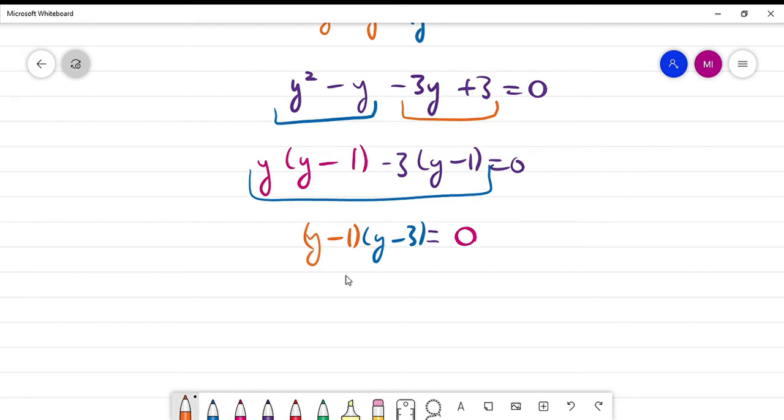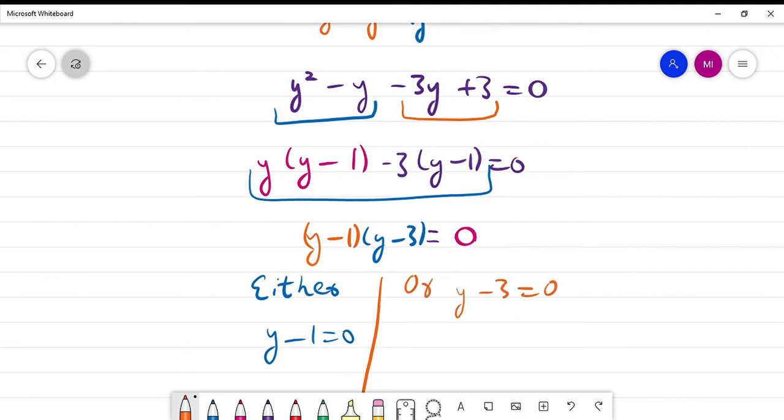So now we can see that their product, y minus 1 into y minus 3, is equal to 0. And once again, we don't know which one is equal to 0, because one of them needs to be 0 since it multiplies into the other and we get 0. So we're going to say either y minus 1 is equal to 0 or y minus 3 is equal to 0.